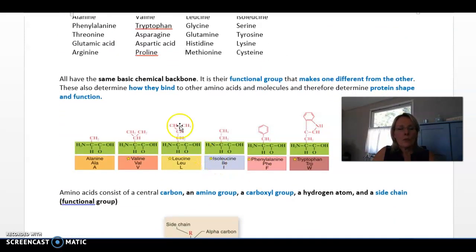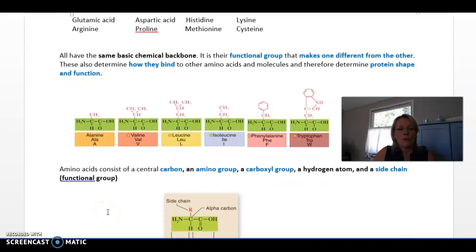As you remember, I hope, all amino acids have the same basic backbone. This is identical to this, and this, and this, and this. These are 6 different amino acids, but what makes them different is the functional group coming off of that basic core part of the molecule.